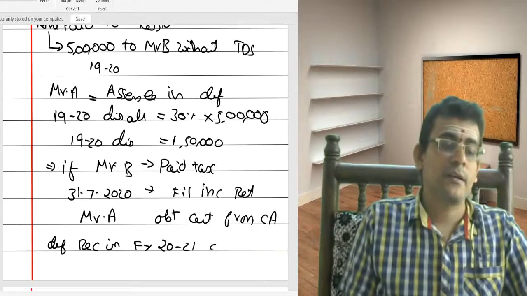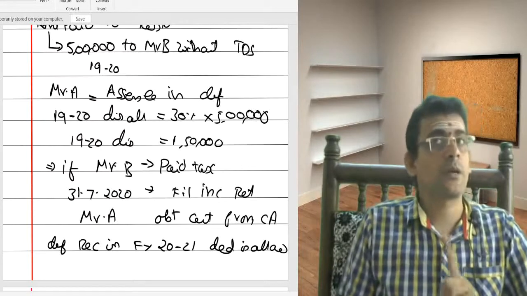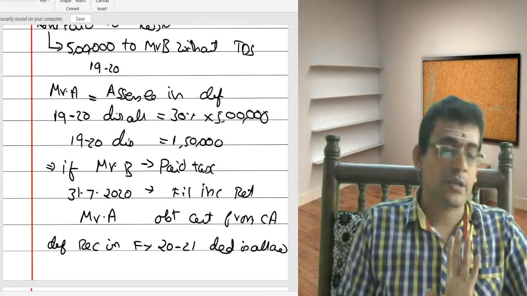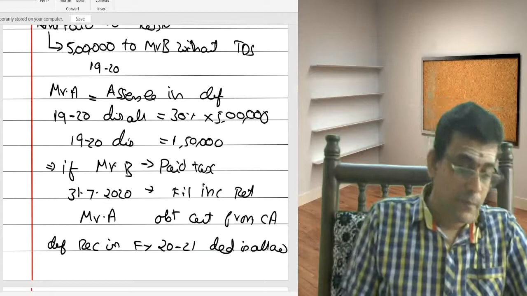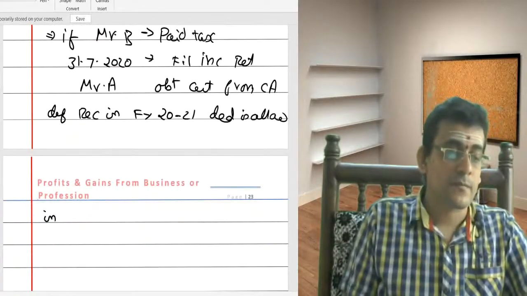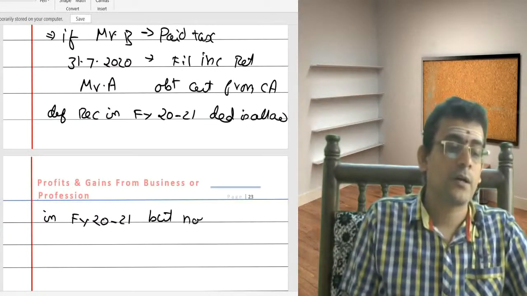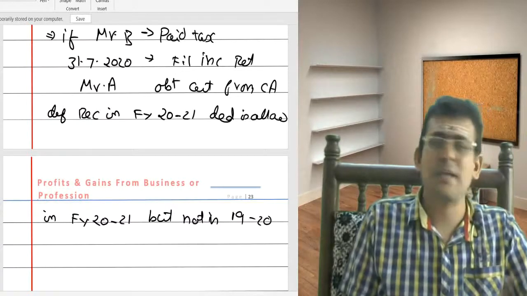So ultimately the deduction is allowed in 20-21 but not in 2019-20. Same as the earlier case.